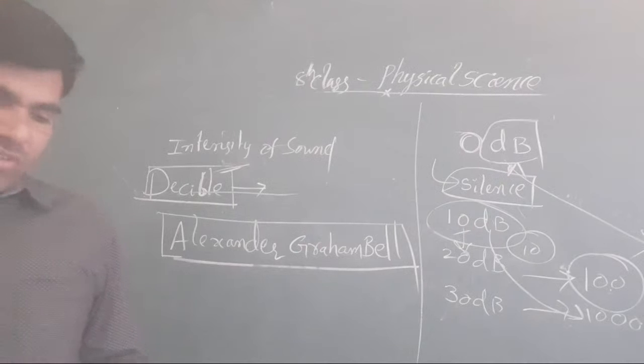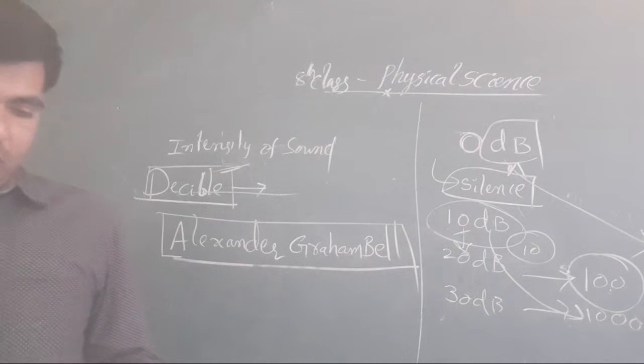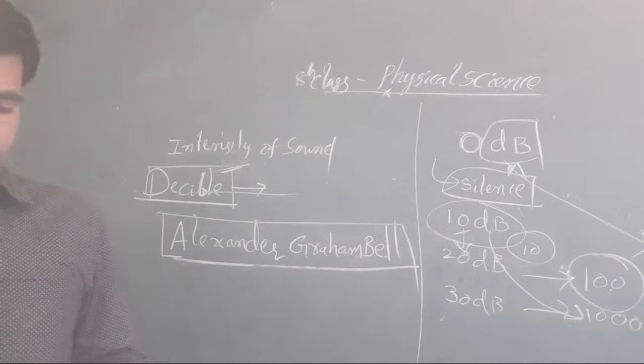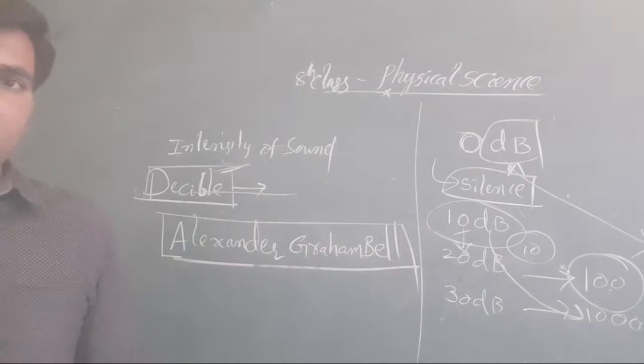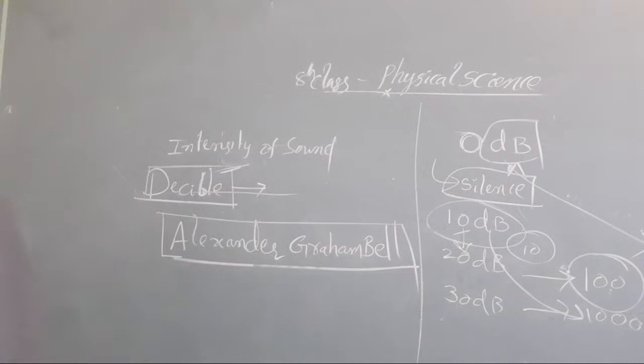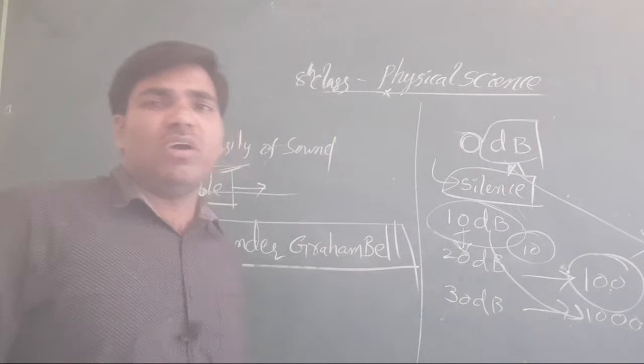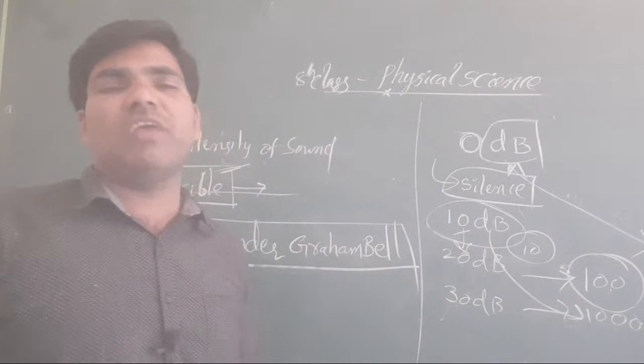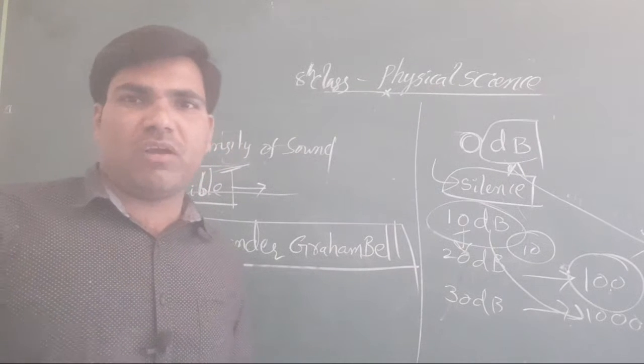Normal conversation is 60 decibels. A lawn mower is 90 decibels. A car horn is 110 decibels. A jet engine is 120 decibels. A gunshot or a firecracker is 140 decibels. By observation of the various sounds, scientists have given these values. Please keep in mind, that much is not important.